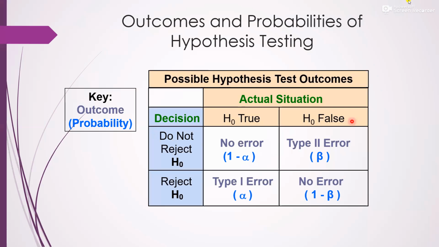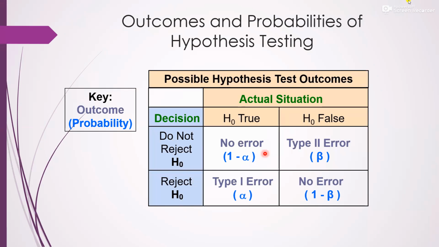The decision: there are two decisions, do not reject H naught or reject H naught. Based on our sample, either one of the decisions can occur.